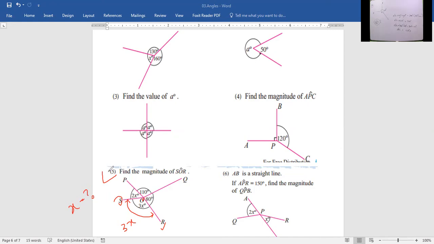Someone said he or she cannot find the value for the fifth one. I have done these things earlier, in the straight line also. If you can remember, something like this, we had 2x and this is 3x or something, and this is 80.